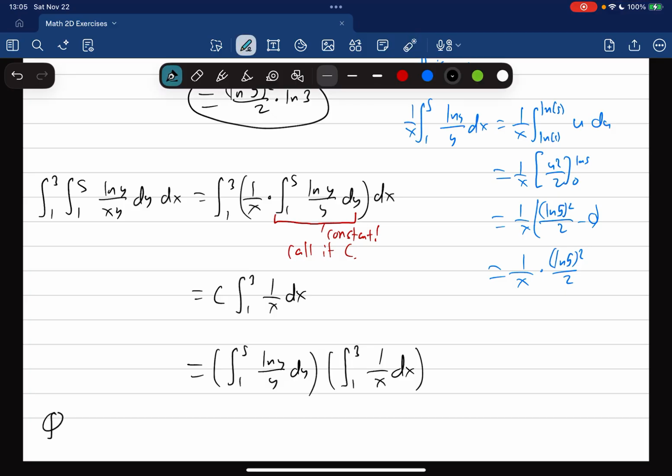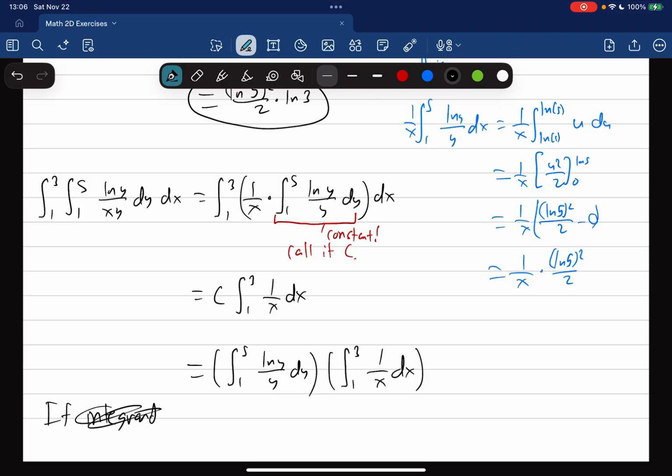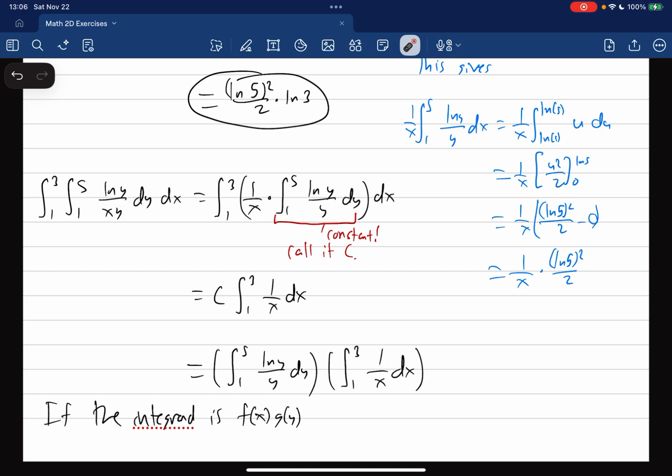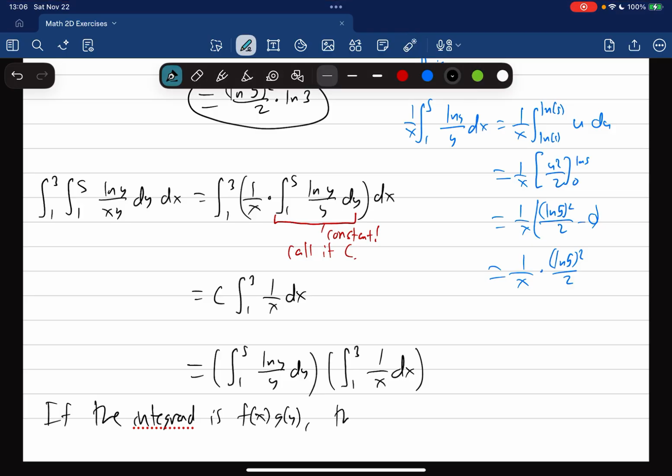In general, hopefully everyone can see now, if we can write the thing we're integrating in our iterated integral as some function that just depends on x and some function that just depends on y, then whenever you have an iterated integral of f of x, g of y, dy dx, you can evaluate this iterated integral by just integrating the x and y parts separately as follows.